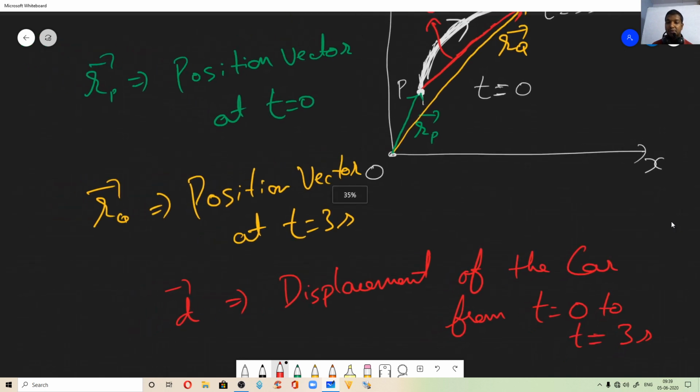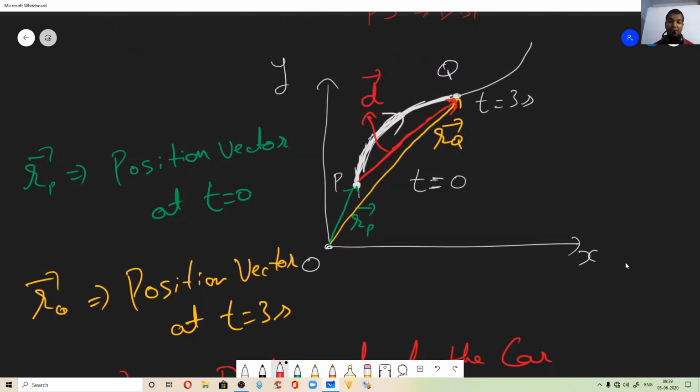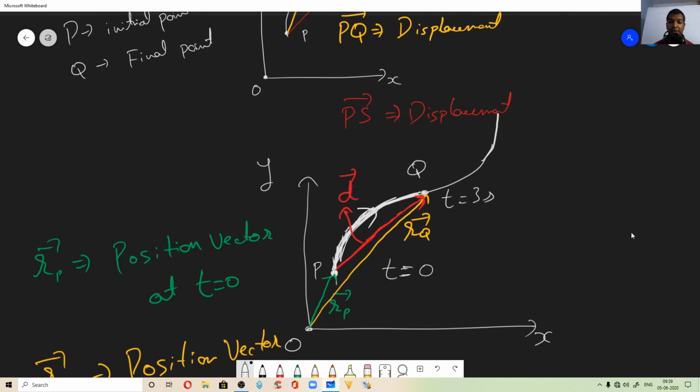Now suppose in another 3 seconds, or you can say totally 6 seconds, the toy car has moved here, P, Q, R, let us say. So this is point R. Then I'll ask you, what is the displacement from t equals 3 to t equals 6 seconds?